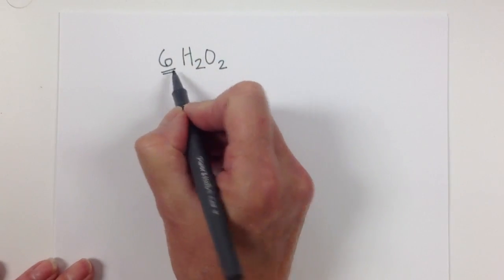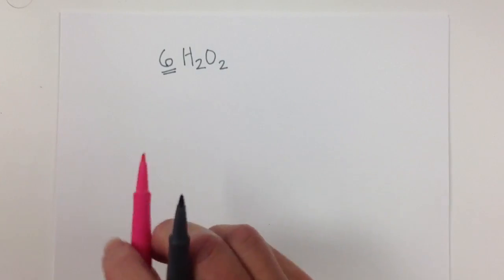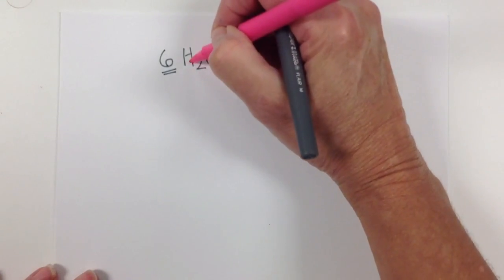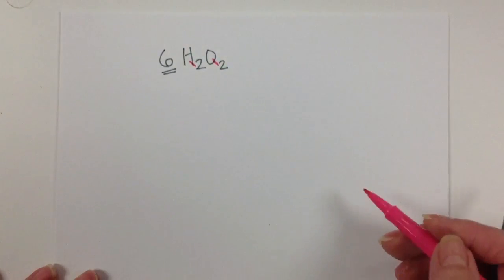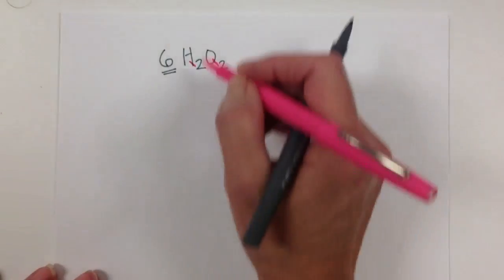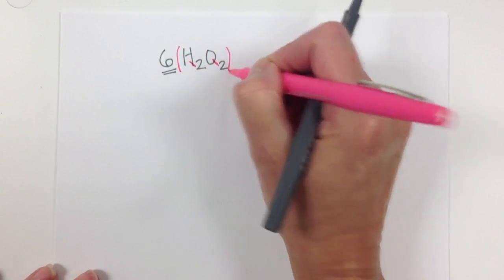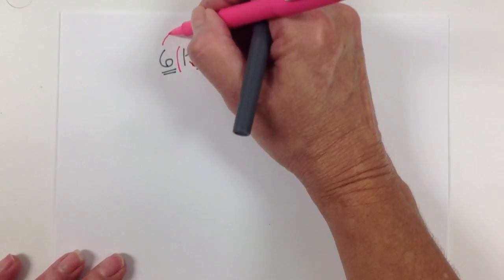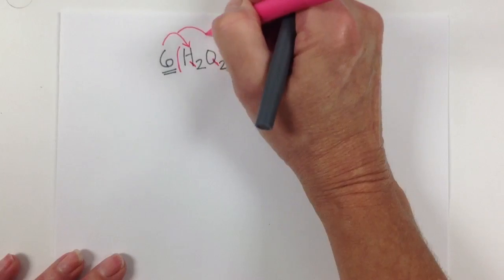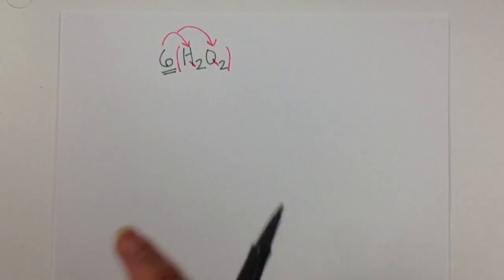So our coefficient is 6. We know that according to our subscripts, we have 2 hydrogen and 2 oxygen present in hydrogen peroxide, and we have 6 of these. So we need to multiply out. 6 times whatever is here, and 6 times whatever is here.